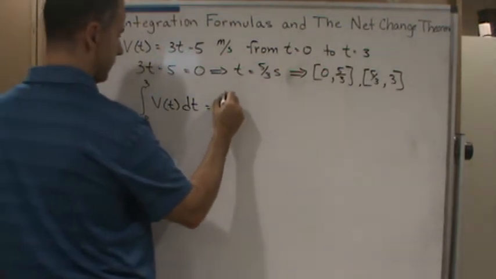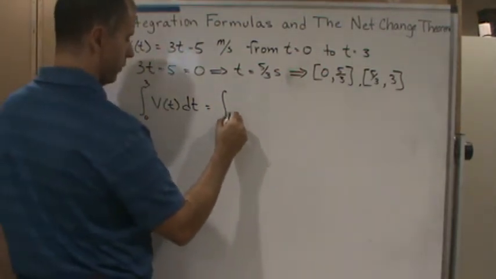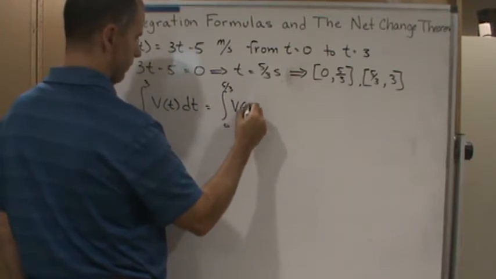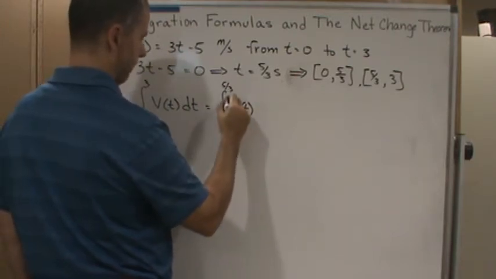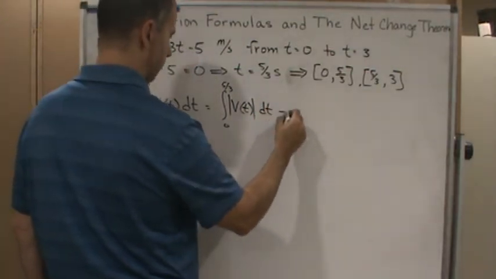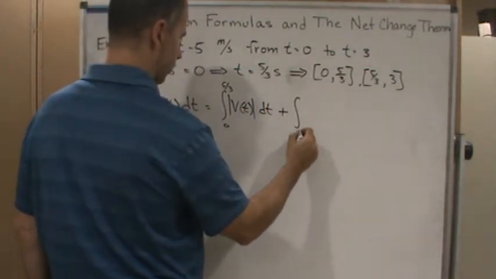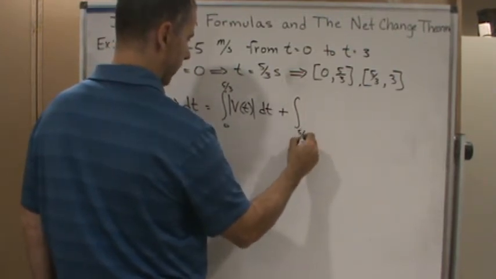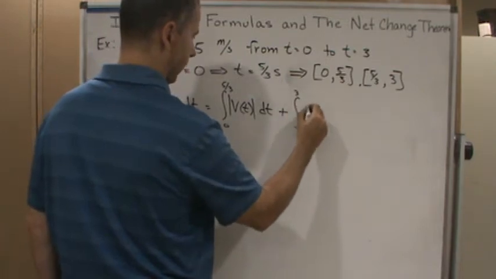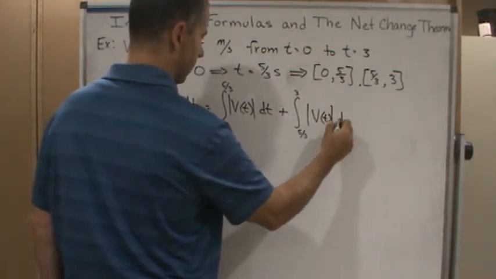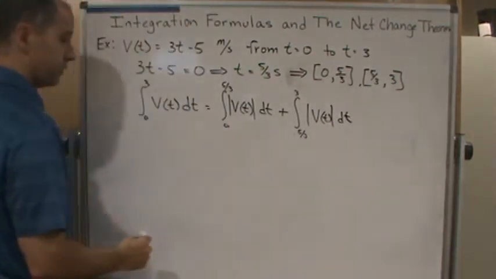And now I'm going to split this up into two intervals, 0 to 5/3 of the absolute value of v of t plus the integral from, excuse me, 5/3 to 3 of the absolute value of v(t) dt. Why am I using absolute values?